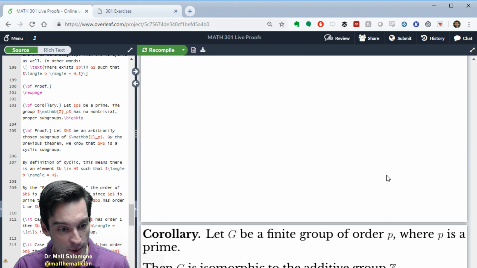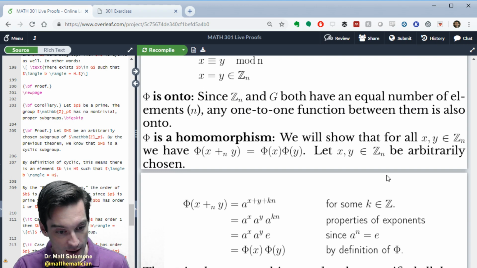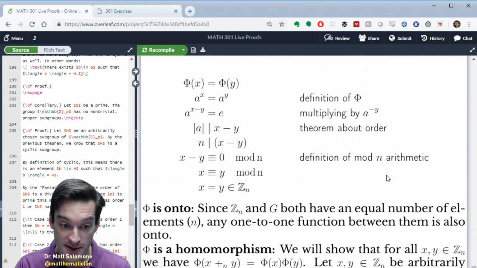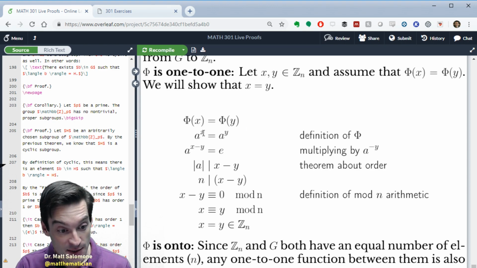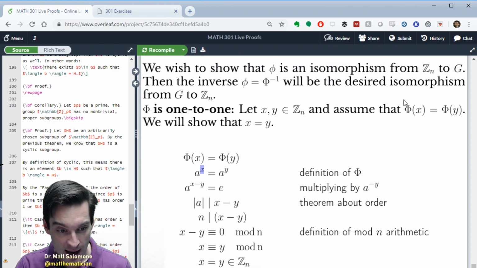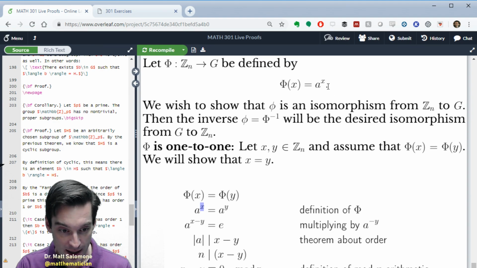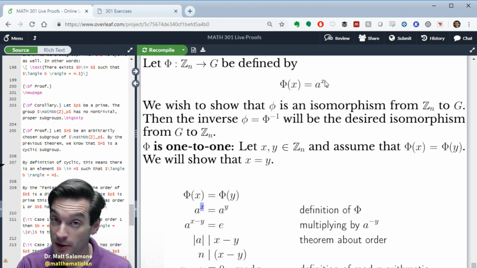So remember, when we proved this theorem, the isomorphism that we constructed between a cyclic group of order n and the additive group mod n is just to take the exponent on my generator and relate that to the integer mod n. Right? Phi of g to the x is equal to x. So the exponents of my generator are what correlate to my integers mod n.